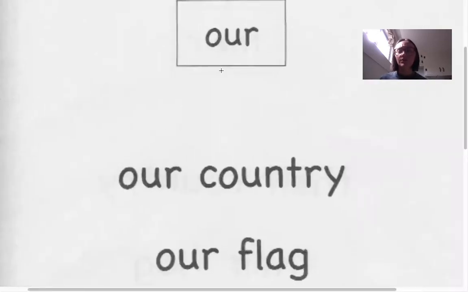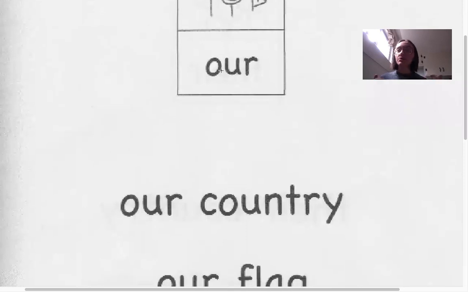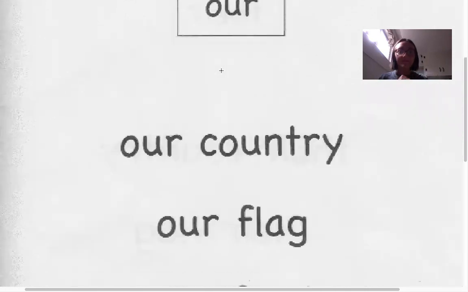Now, the other one we can use is the word our. Our is what we use when we talk about we. We are a family. We are friends. Like if I lived in my family's house, I would say, this is our house because it's we as a family, right?